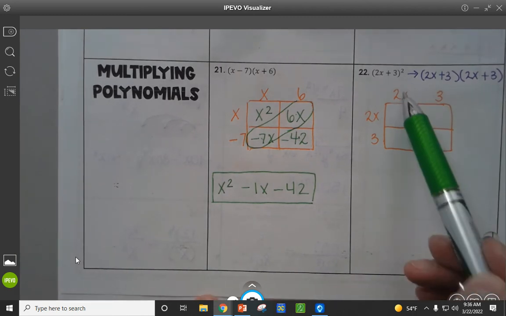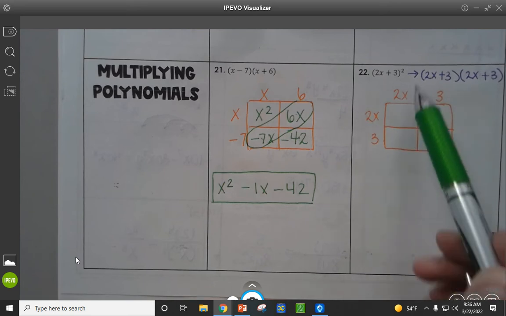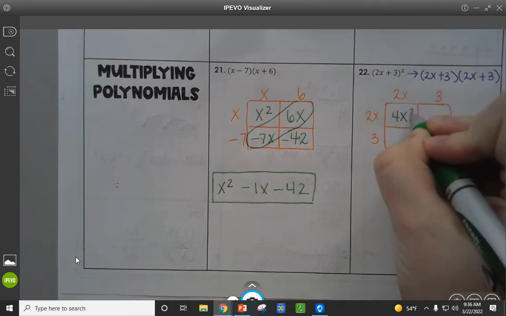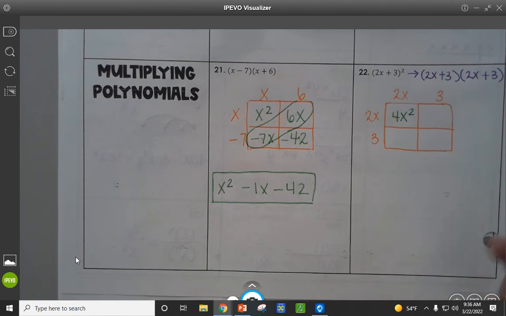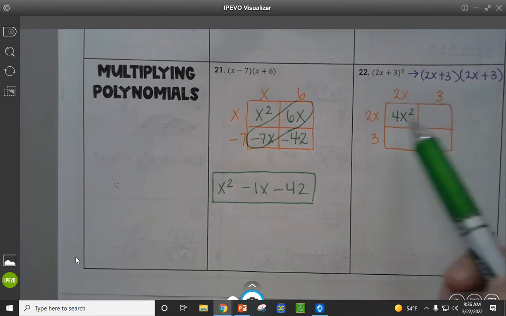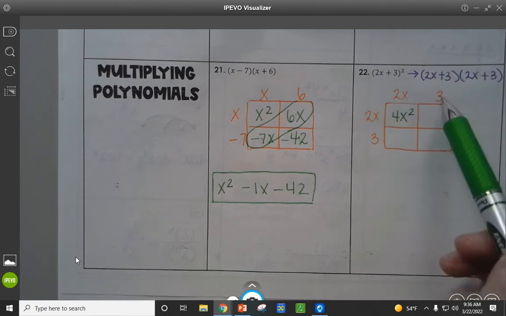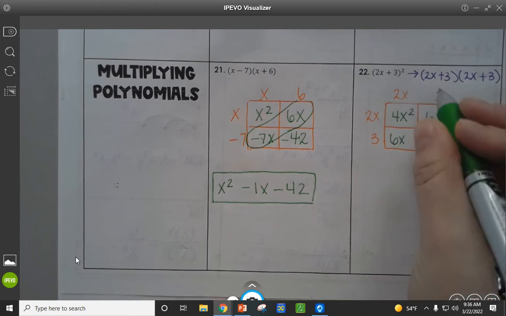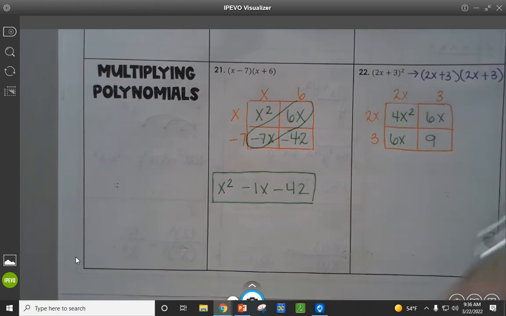So this first box, 2x times 2x is what? 4x squared. What's 3 times 2x? 6x. And then 2x times 3 is 6x, and what's 3 times 3? 9. That'd be 4x squared plus 12x plus 9.